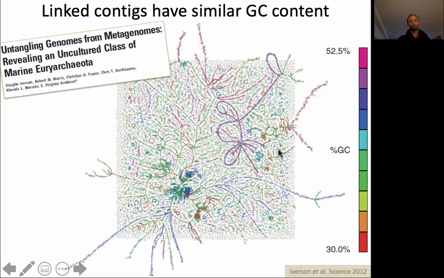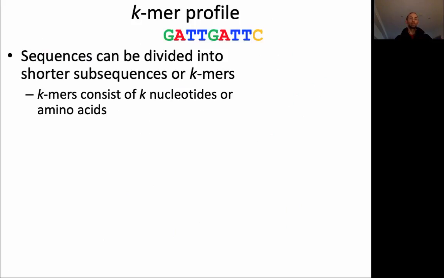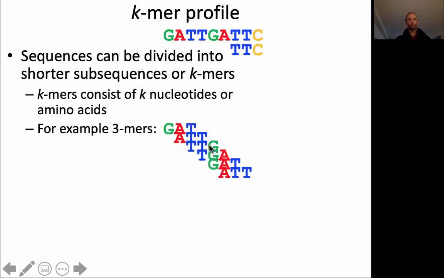So this is one of the properties that we could use to identify contigs that belong together in the same bacterial genome. This has been taken to a higher level by not looking at the GC content, but looking at a k-mer profile. A k-mer profile is basically a higher dimension version of the GC content, because instead of just looking at the G and C content of the sequence, we look at k-mers, and then the k-mer percentage of a sequence.